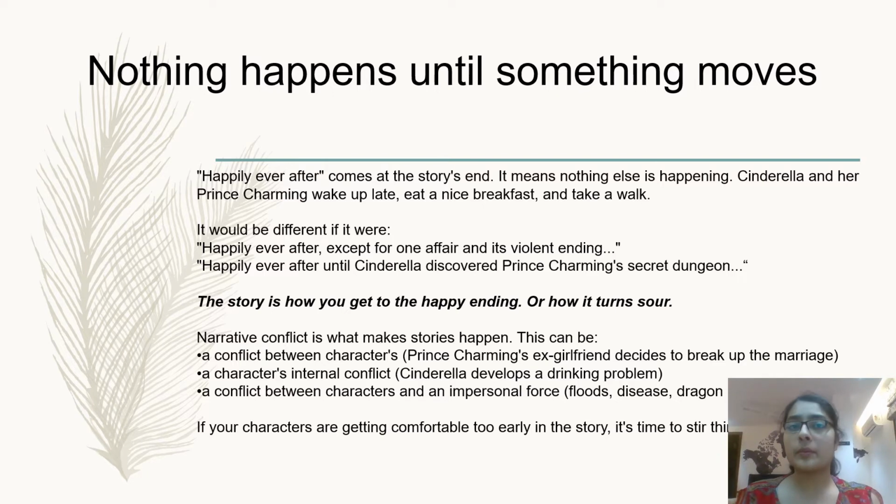Or it could also be happily ever after until Cinderella discovered Prince Charming's secret dungeon. So one day after their marriage, Cinderella is roaming around in the castle, and she decides to go into the basement. And when she goes into the basement, she sees this dungeon, and inside the dungeon she sees that Charming is torturing someone, and she realizes that maybe Prince Charming isn't the good guy she thought him to be, and she cannot stay married to him anymore.